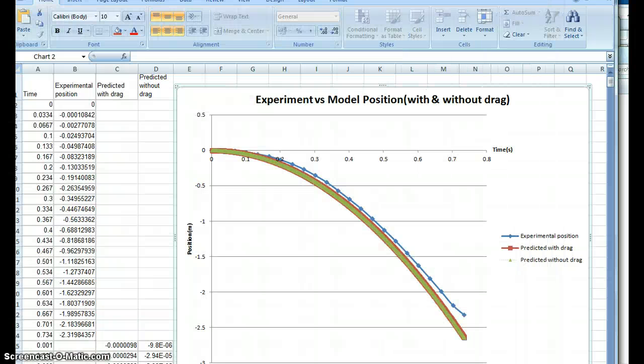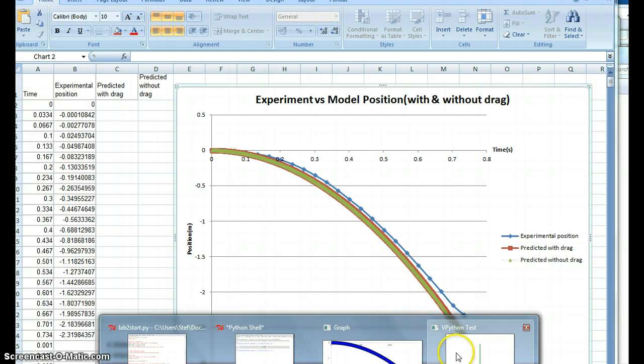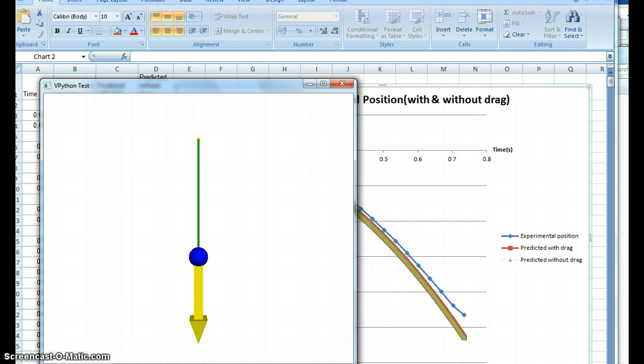Putting all this together, the difference between my experimental data and model without drag could perhaps be explained by the effect of drag, except that my with-drag predictive model actually showed a negligible drag effect over the 2 or so meters of drop, and this is shown with these visualization windows.